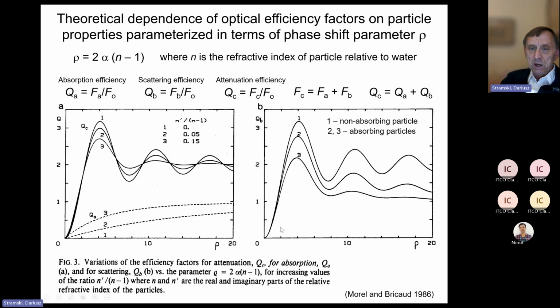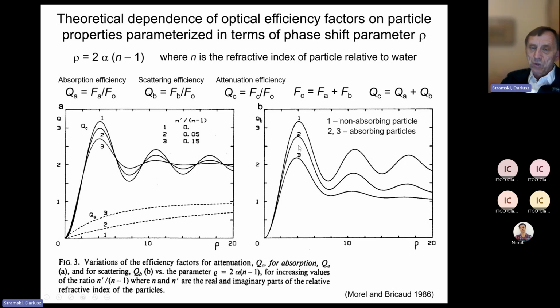And you can see here the non-absorbing particle is particle 1. Again, it looks exactly like curve 1 for attenuation efficiency, because Q sub A is 0, so Q sub C equals Q sub B. So this is the non-absorbing particle.